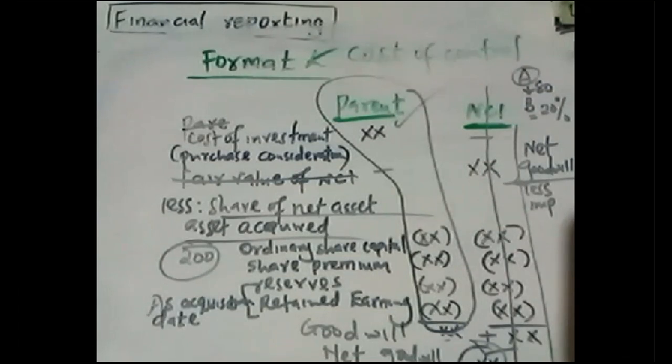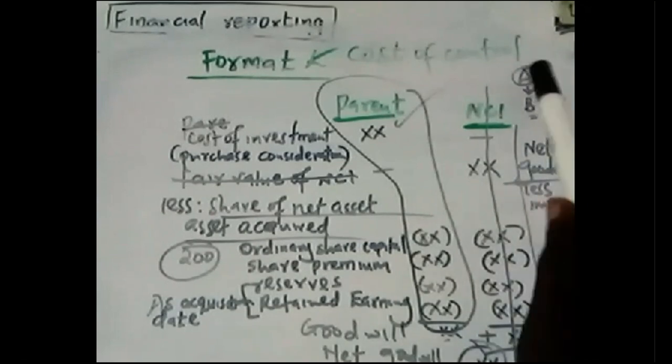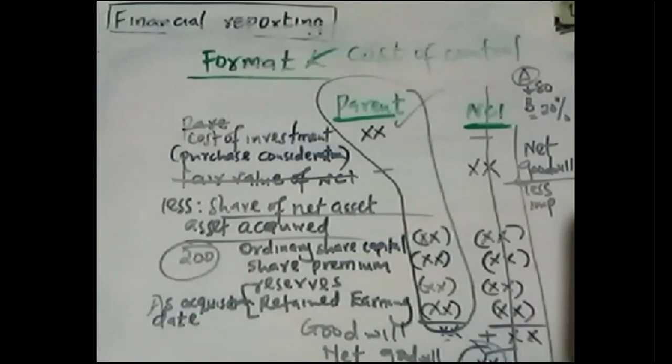In this scenario, A acquired B. So when was B acquired? On that date is when you determine the reserves value and the retained earnings value, so that you multiply with 80% and 20% respectively.